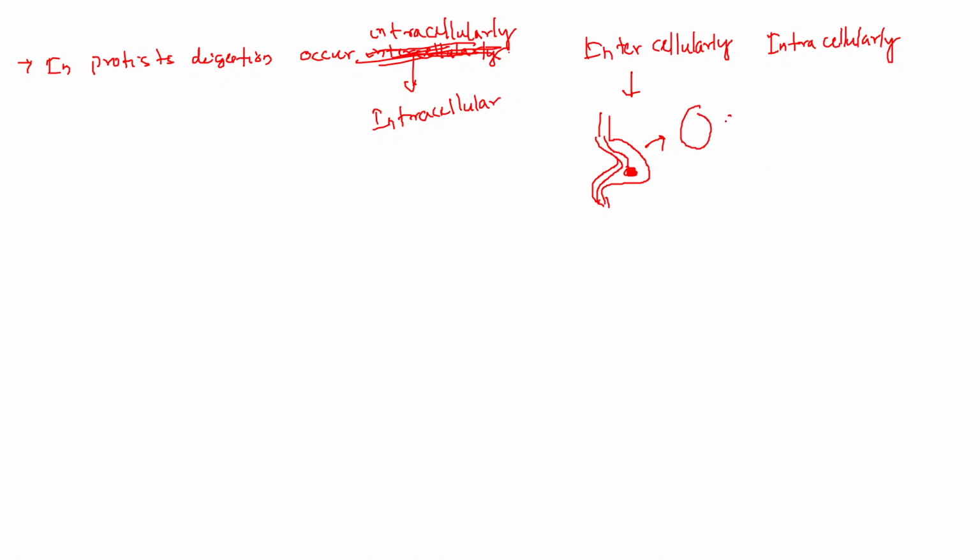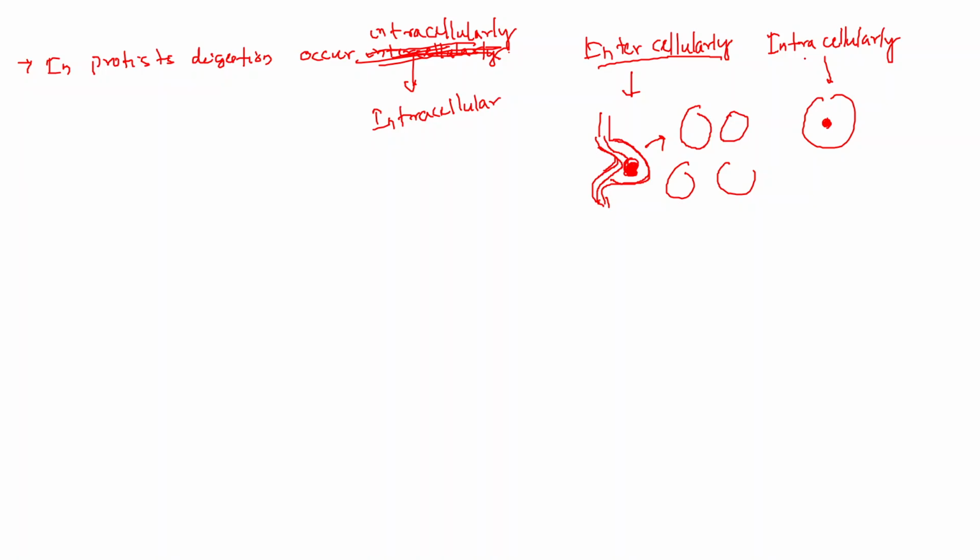This is a cell, this is a cell, these all are cells or cell boundaries. But digestion occurs here in the space between the cells. When digestion occurs in the space between these cells, this is known as intercellular digestion. But when the digestion occurs inside the cell only, this type of digestion is known as intracellular digestion.